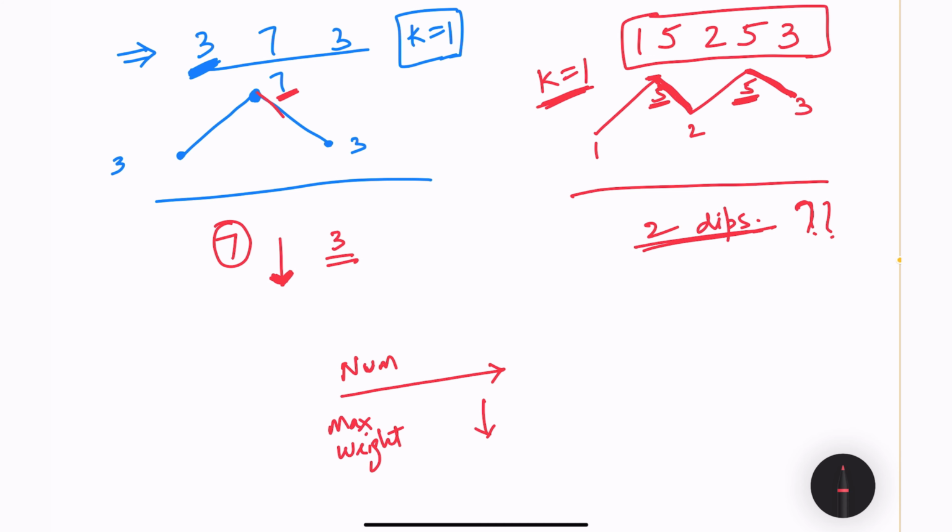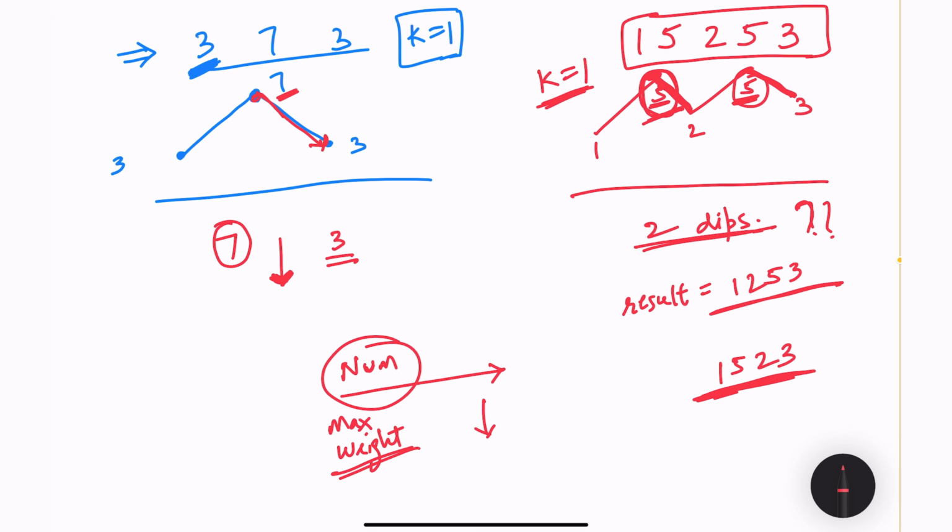So using that same rule in this example, with k equal to 1, I should remove this 5 from the numbers. This is the minimum that we can build with k equal to 1. If we were to remove the second 5, we would get 1, 5, 2, 3, which is not the minimum.